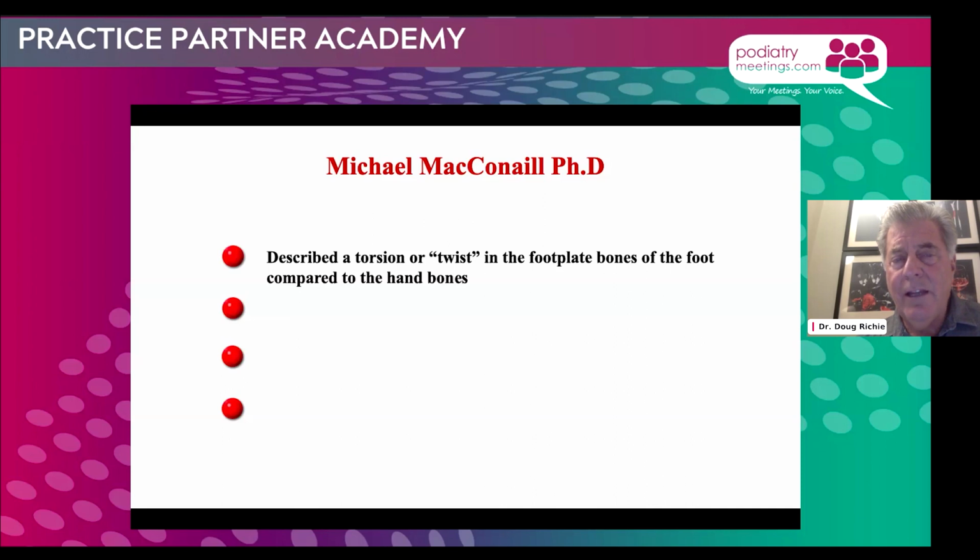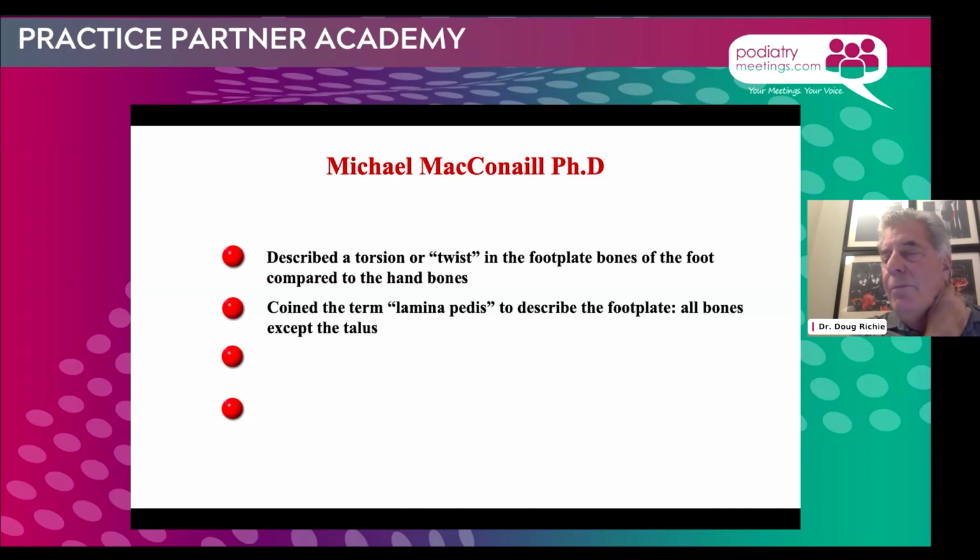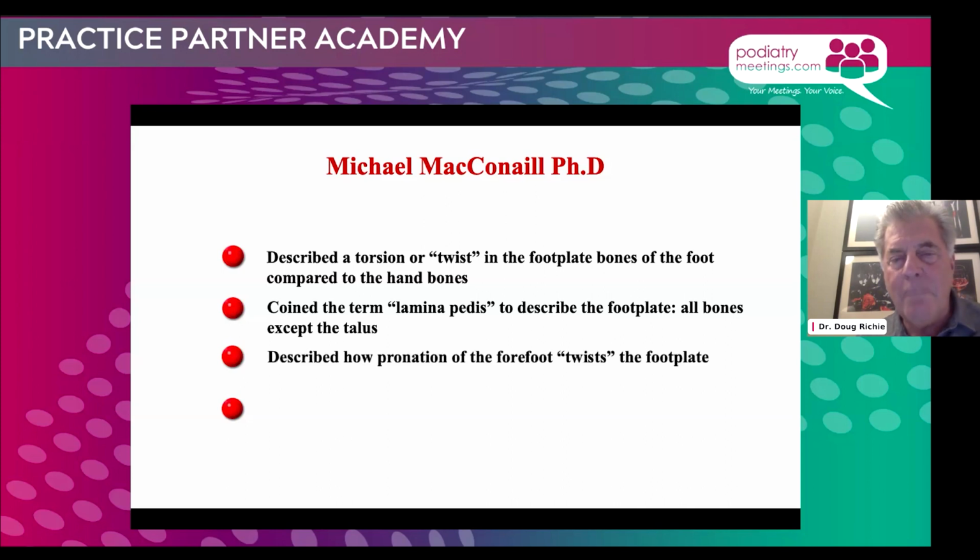And compared to the hand, he described that the human foot and the bones of the foot are arranged in a torsion or a twisted appearance. And he coined this term lamina pedis to describe how the bones of the foot are arranged in a plate-like arrangement. And very interestingly, he excluded the talus from the lamina pedis, and we'll talk about that more later.